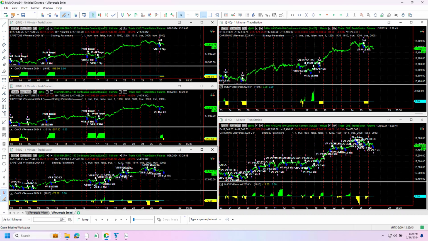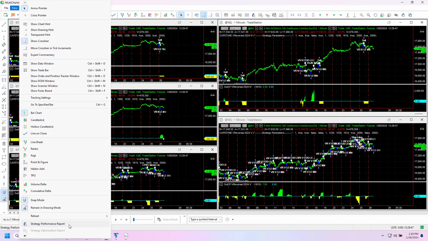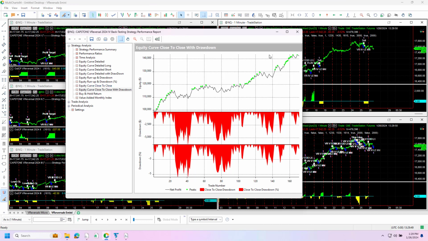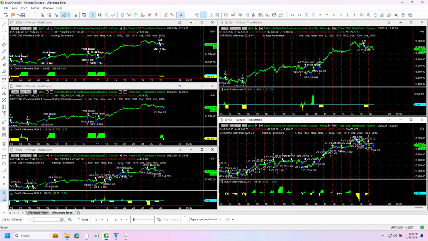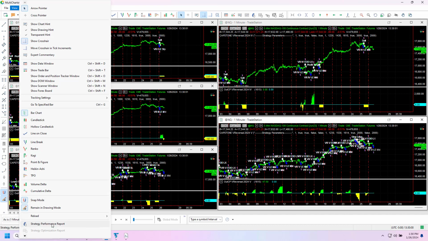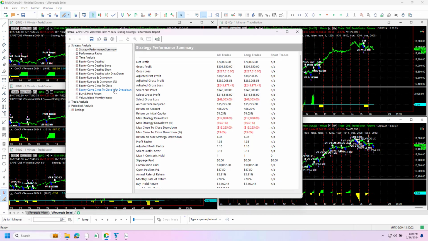I'm going to demonstrate that in a minute. Let's take a look at V reversal 3, V reversal 4. They're very correlated in the fact that they're buying V reversal type patterns in the market on the E-mini Nasdaq, which you never know how long a pattern like this will last. It's worked a lot longer than I thought, and it continues to work.